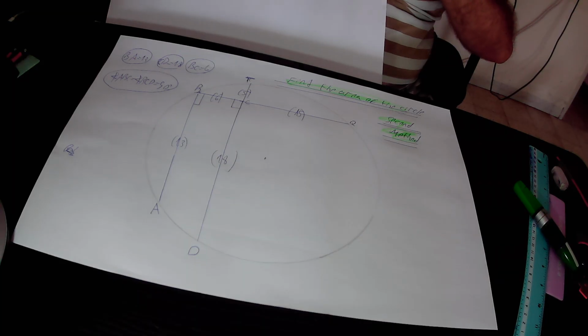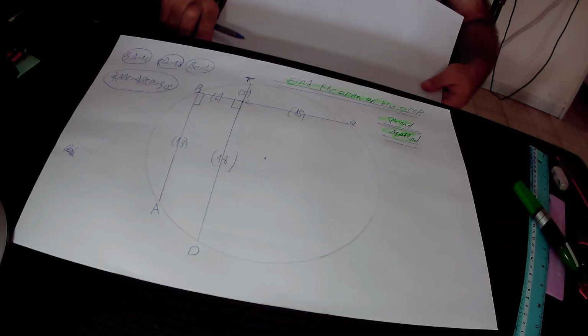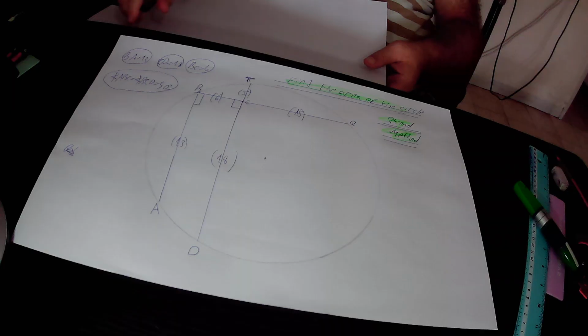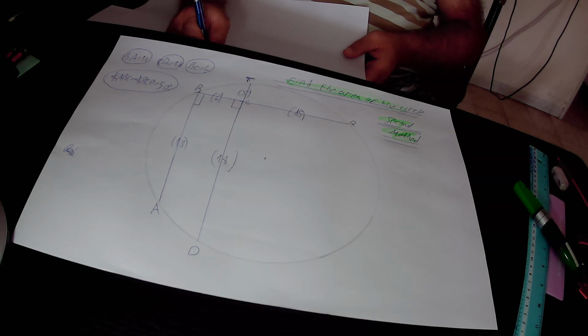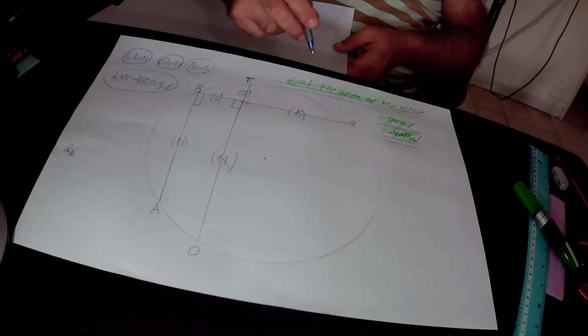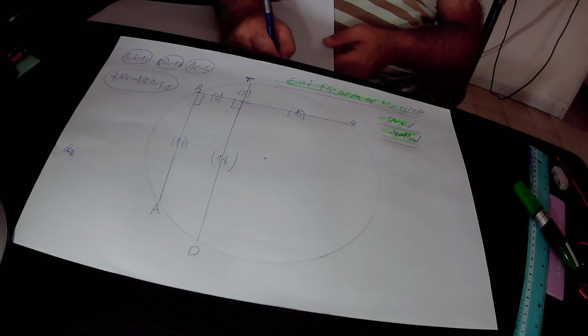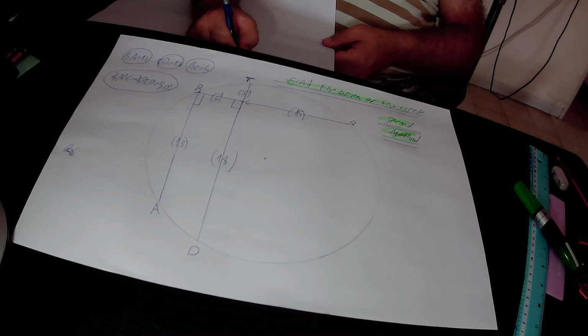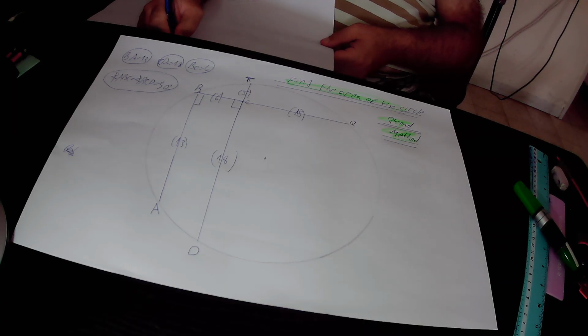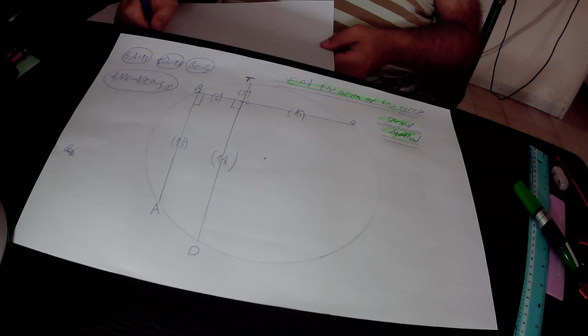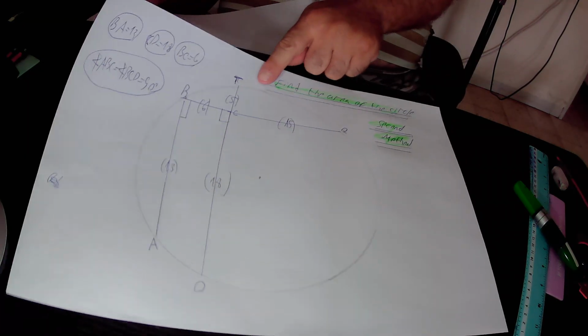In our drawing, chord TD intersects with chord BQ at 90 degrees.